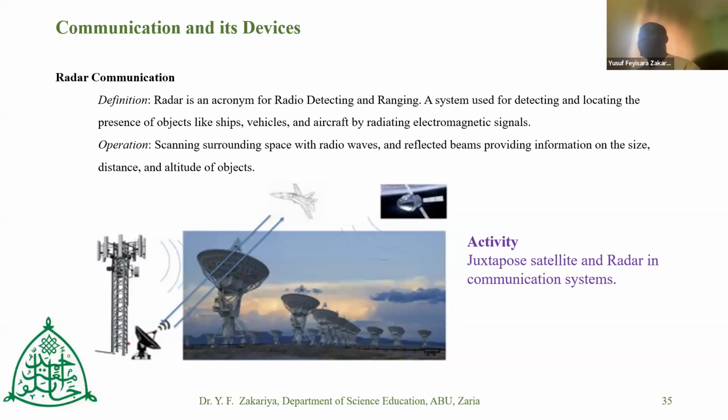By the time I call you back from the group, I will call one person from each group to tell us the difference between satellite and radar. By the way, when I say juxtapose, I just mean compare. Use another vocabulary that you might see in my assessment. Juxtapose means what? Compare. That is what I mean by juxtapose.